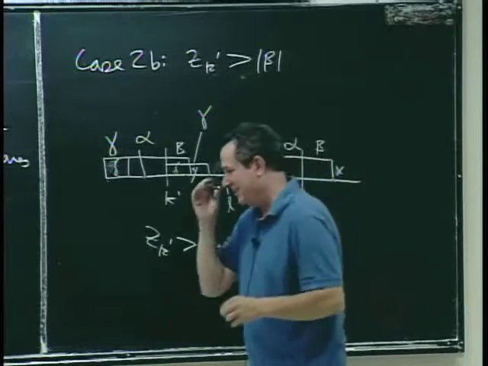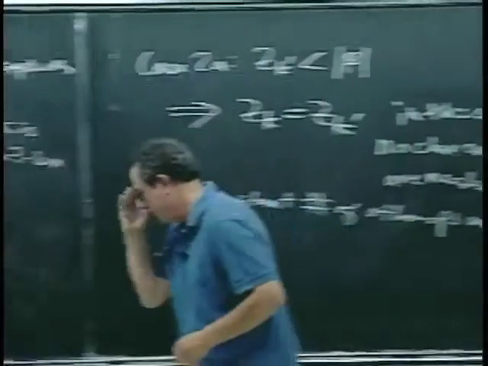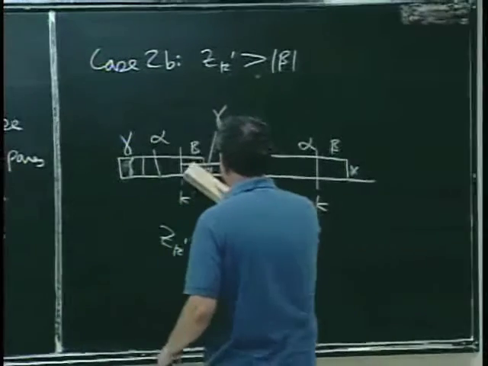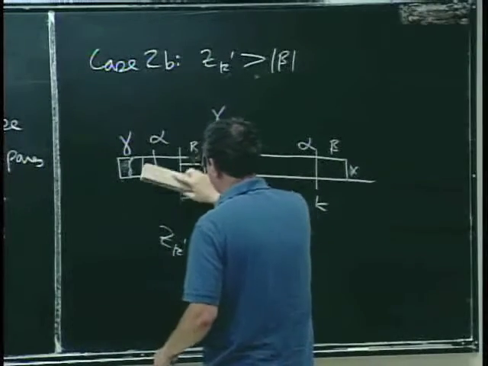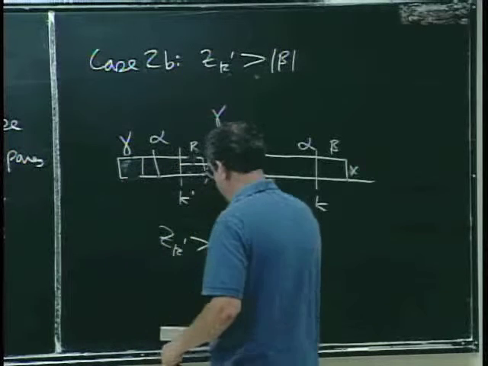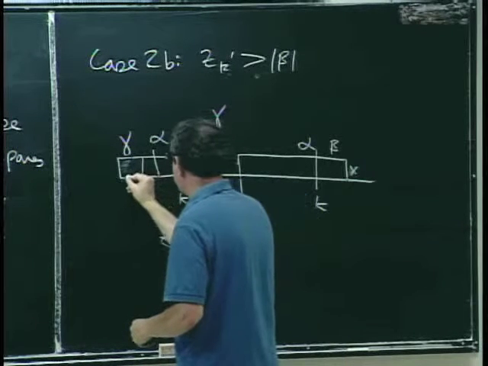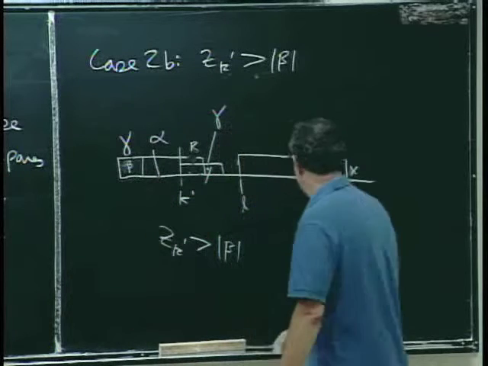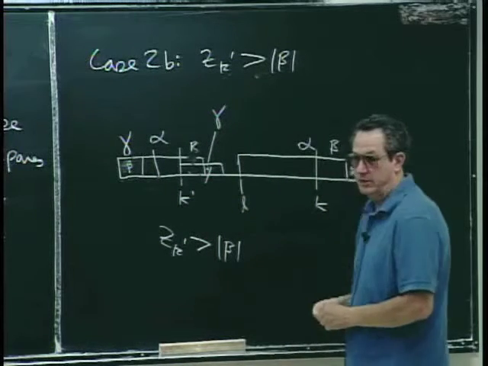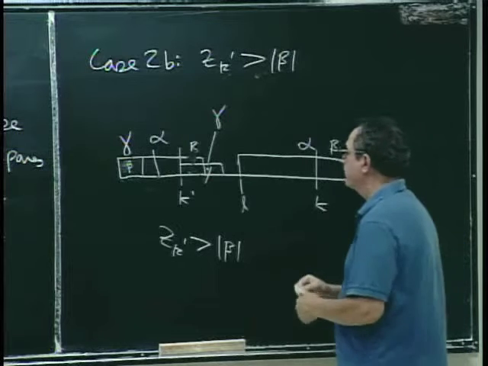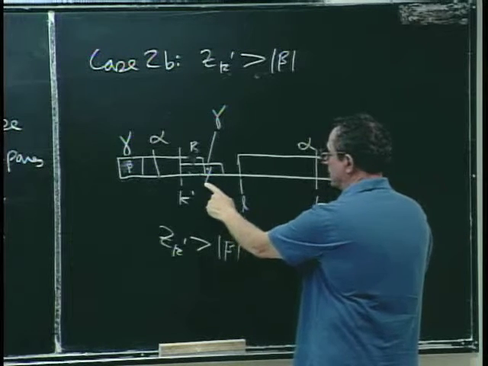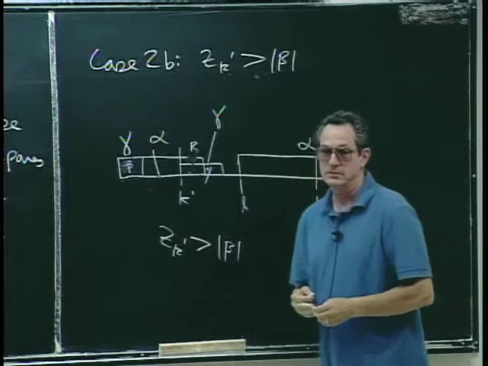The picture's getting too cluttered. The thing I labeled as delta is actually just beta. Anyway, nothing wrong with giving it another name. That's beta, and this is beta. We already knew that. So this is y, this is x. Where's another y?